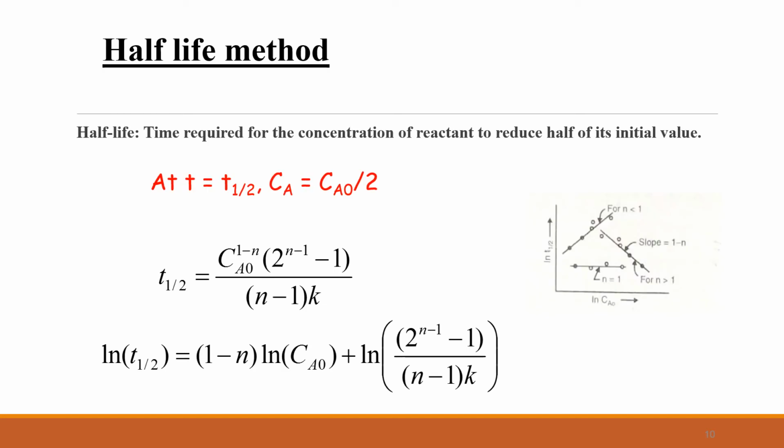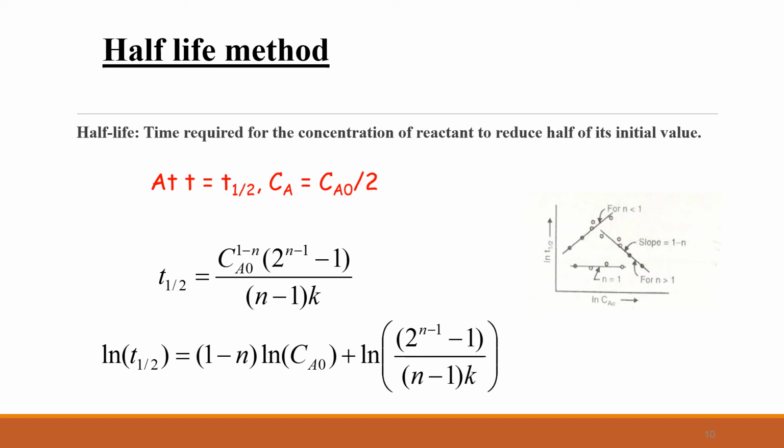Next method is half-life method. The half-life of a reaction, t-half, is defined as the time required for the concentration of the reactant to reduce to half of its initial value. The order and rate constant of a reaction can be determined from the data of half-life as a function of initial concentration obtained from experiments. This is the equation of half-life.